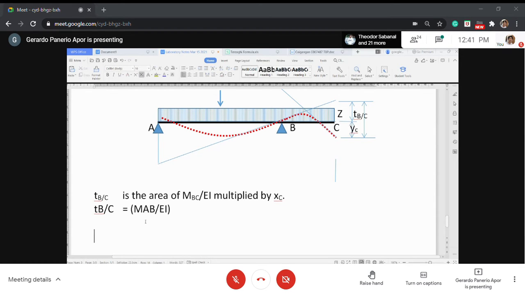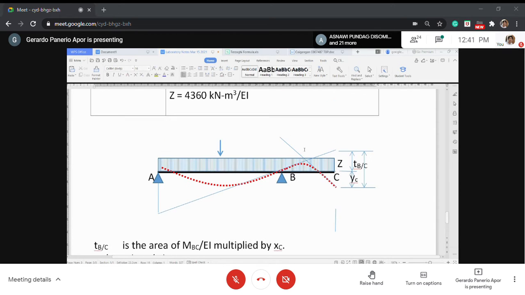This is BC. Subscript times X sub C. Okay. So now you don't care about AB. What you care about is only BC.